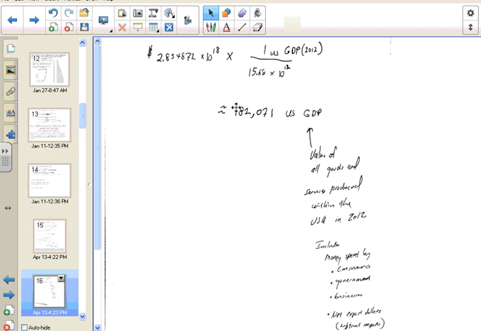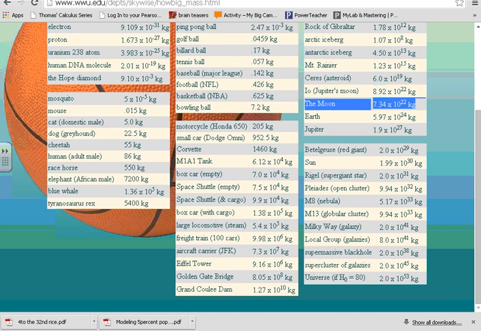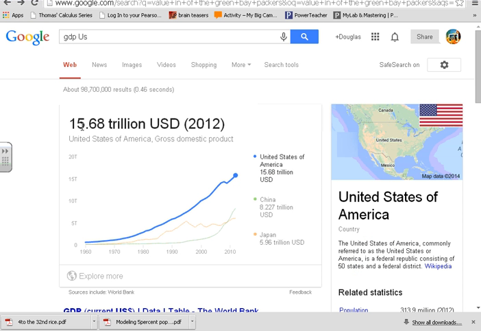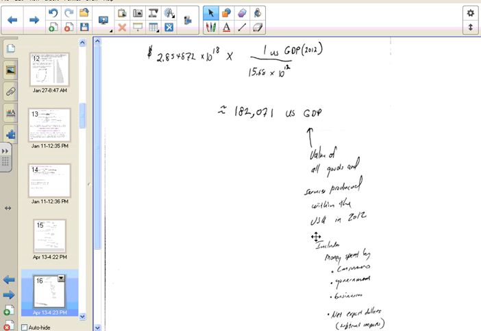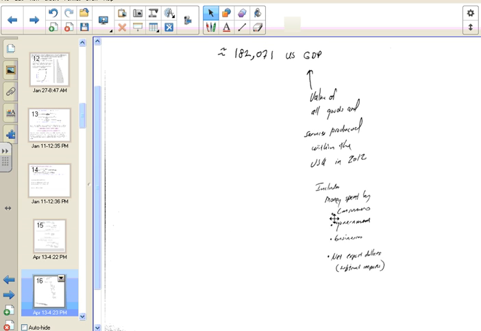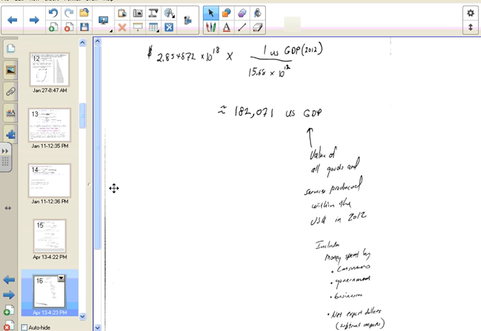And so I converted that into the gross domestic product of the United States, which was $15.6 trillion in 2012. The gross domestic product is defined as the value of all goods and services produced within a country in a year. So in 1 year in the United States, all the money spent by consumers, by the government, by businesses, and all the money that we made on exports after we subtracted imports, all the money that's changed hands in a year is $15.6 trillion.